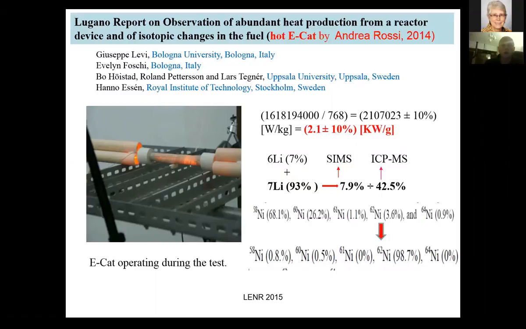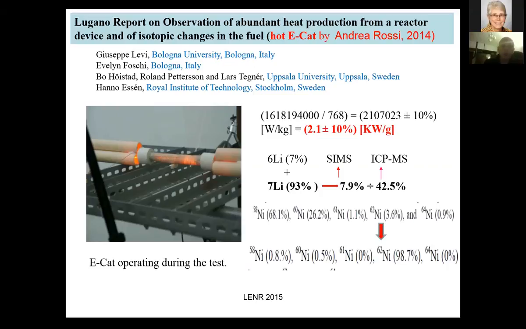After Rossi, and especially after the replication by Parkhomov, a lot of researchers tried to reproduce this experiment, but only a few of them have been successful. And the principal question is why, in spite of the fact that all try to imitate the same conditions, some of them are successful and some of them are not.